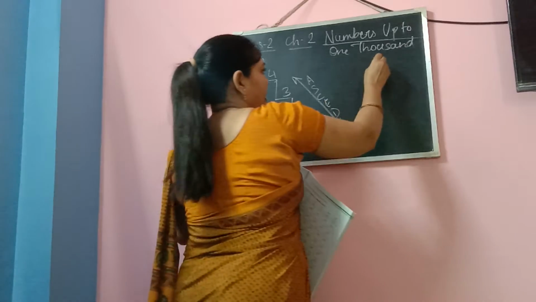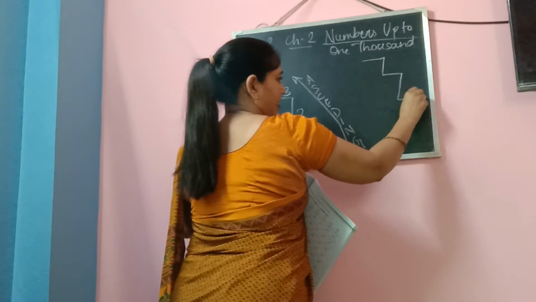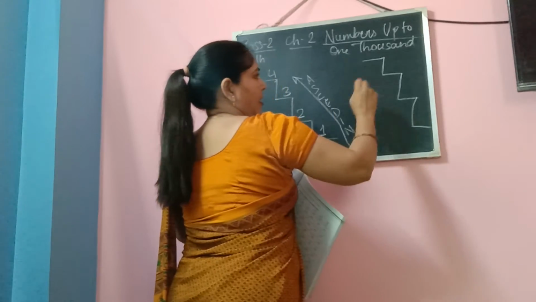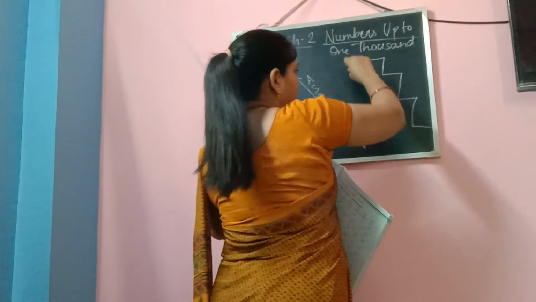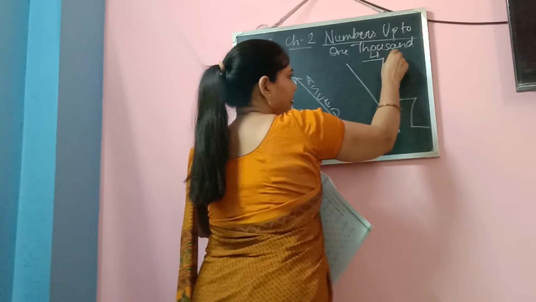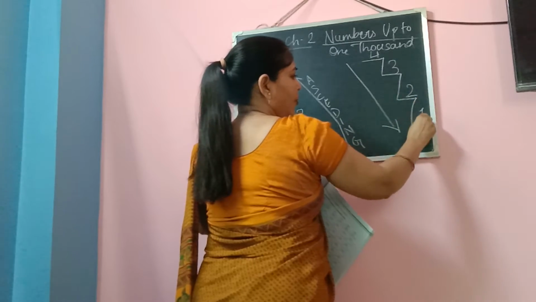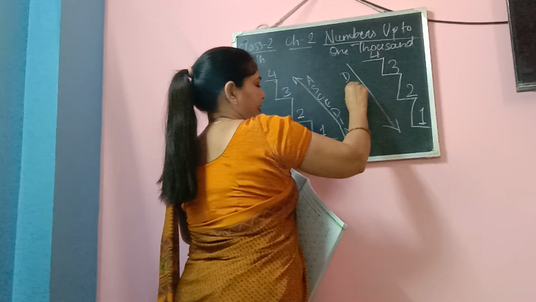Okay. Now in a similar way, what am I doing? I am coming down. I am moving down from 4, 3, 2, 1. I am coming down. So this is descending order.